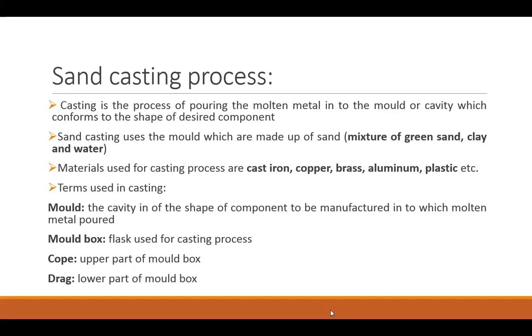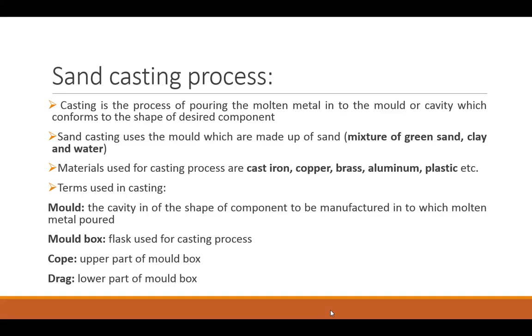It is the process of pouring the molten metal into the mold cavity which conforms to the shape of the desired component. The shape of the component is the finished product.